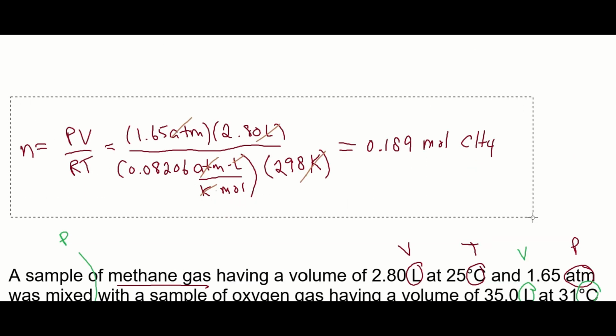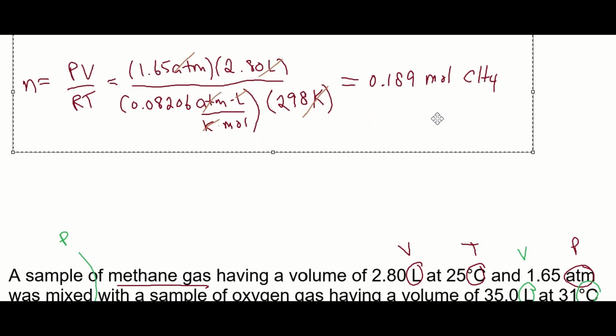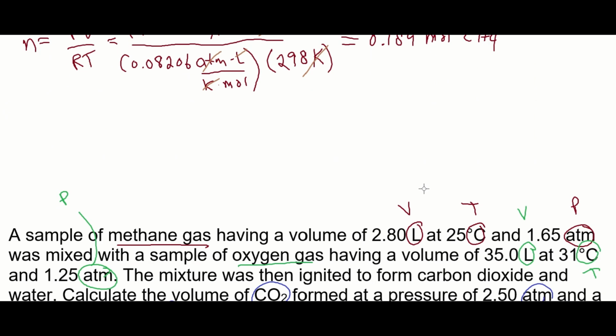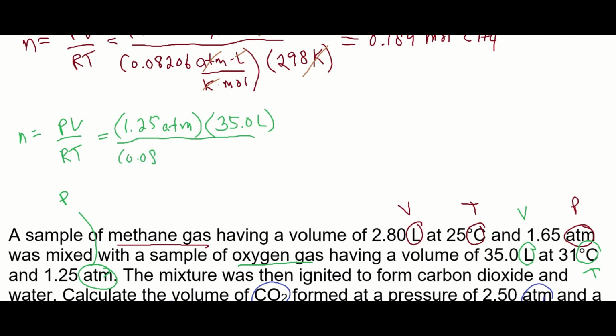I want to make a little more room. Do the same thing with oxygen. I'll do oxygen in this green. Pressure we're given here, 1.25. The volume we're given over here, 35. The gas constant we need should have atmospheres.